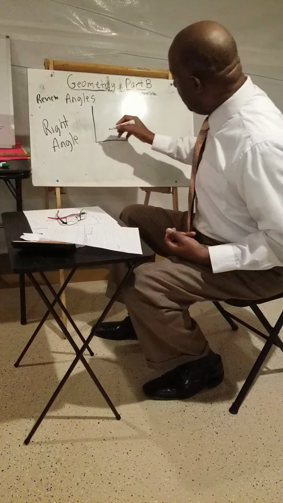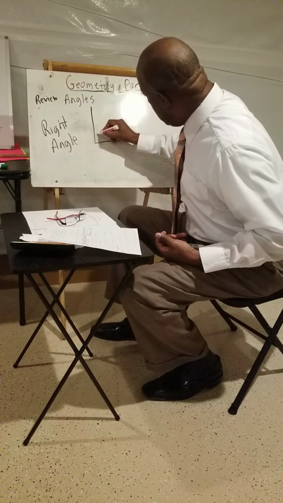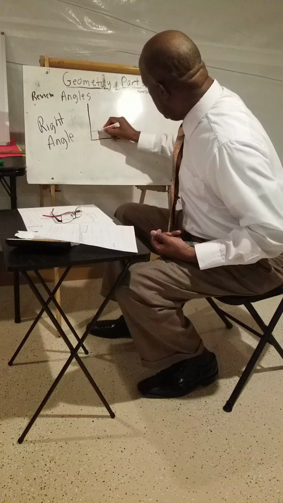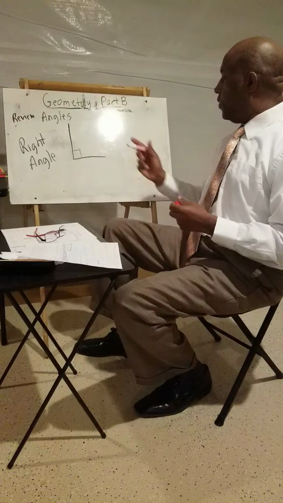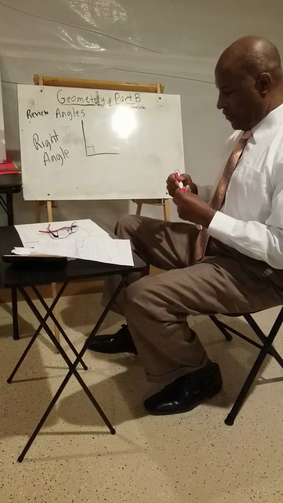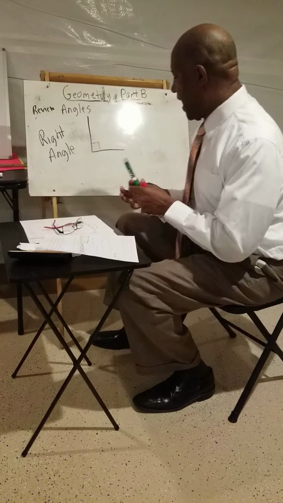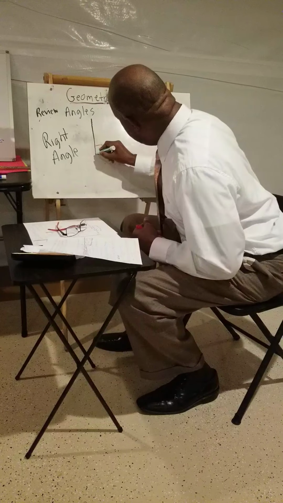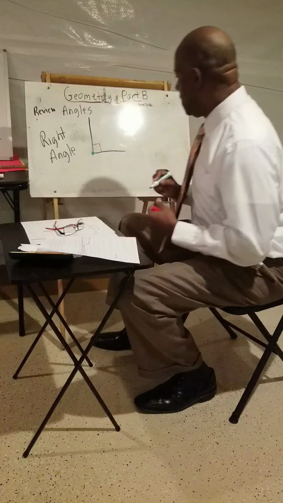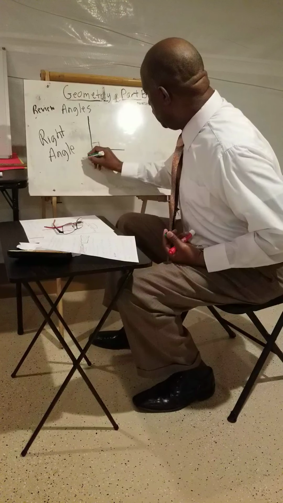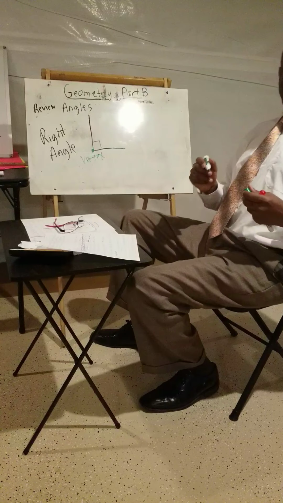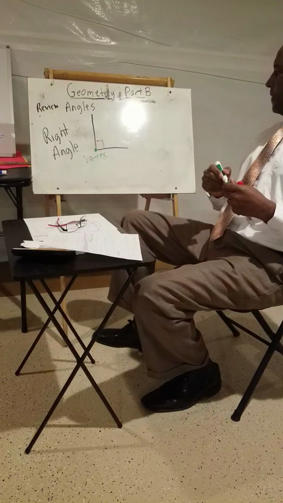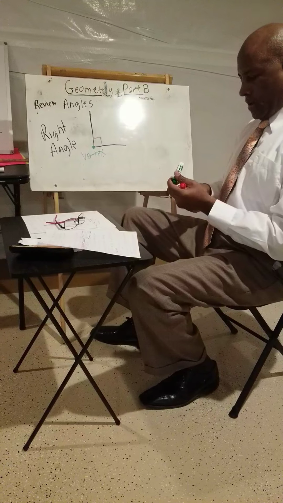And of course now for review, if it has this symbol, then we automatically know that that is a right angle, and where two lines meet, we said that's the vertex.